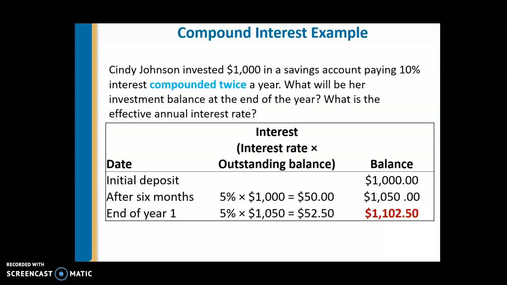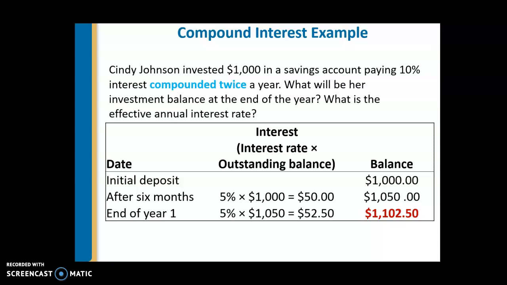After the first 6 months, we're going to calculate $1,000 times 5% for $50 of interest. Add that to her initial balance, and you have a $1,050 balance in the account.